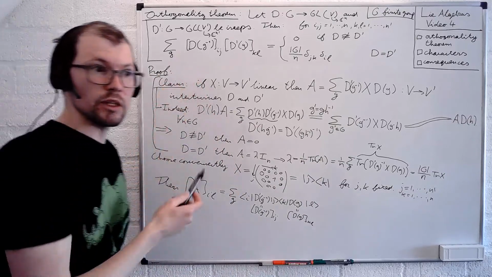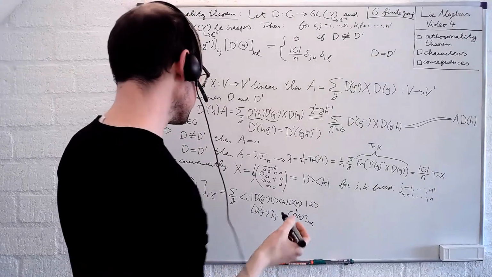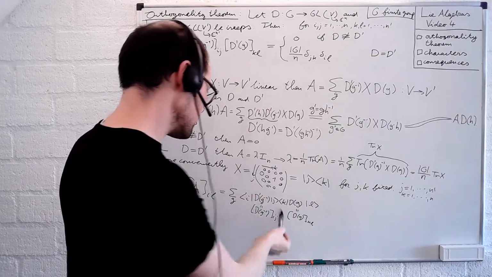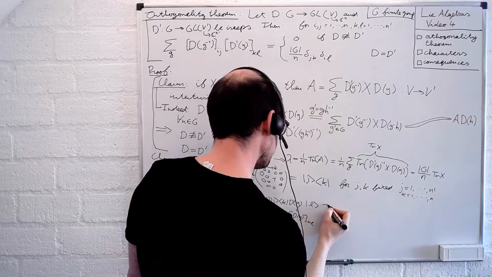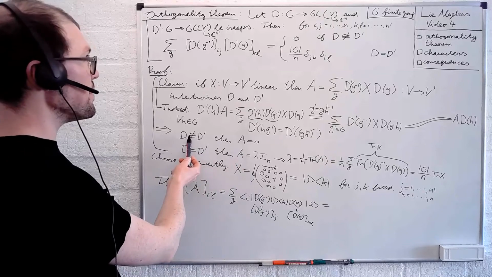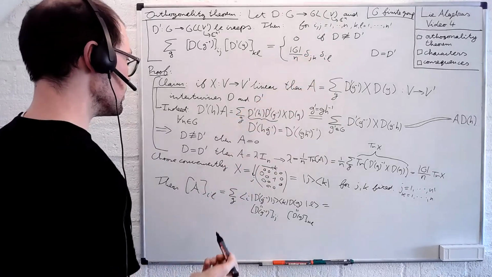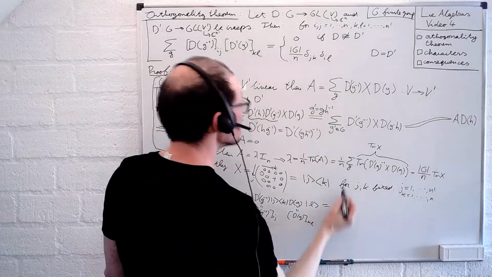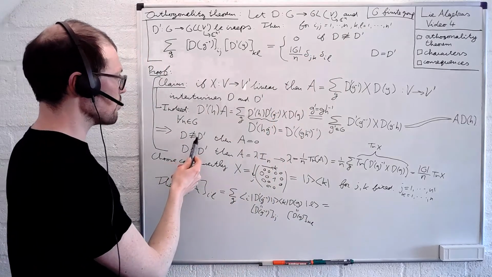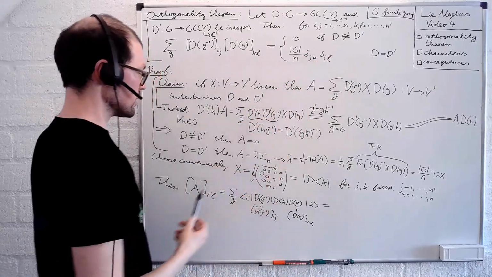Right, so this is exactly what I wrote up here. So this is the sum that we want to evaluate. So this choice of X was pretty clever indeed, now that we see it. And we know explicitly what the answer is going to be, depending on these two cases. So indeed, it's going to be 0 when these two representations are not isomorphic.